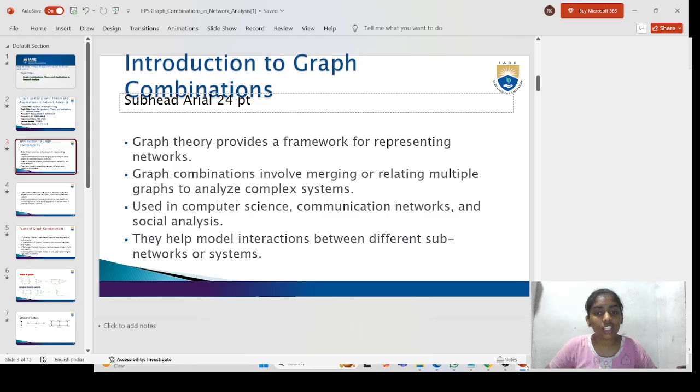Graph combinations involve merging or relating multiple graphs to analyze complex systems used in computer science, communication networks, and social network analysis. They help model interactions between different subnetworks or systems.